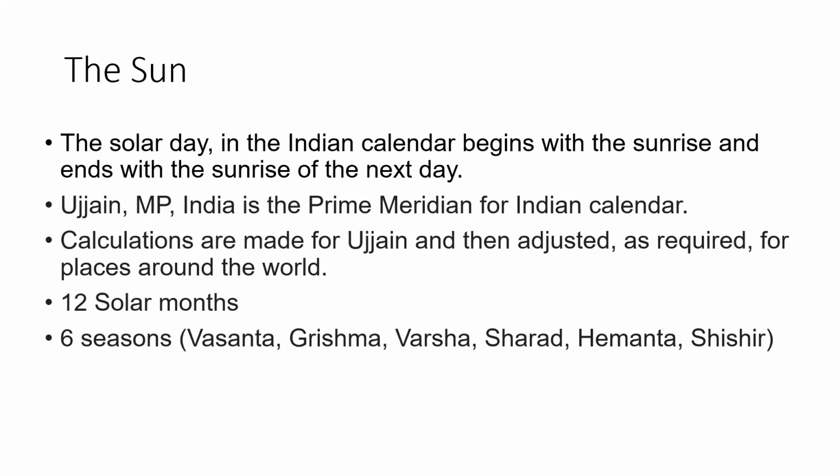The prime meridian is, of course, an imaginary line that starts at one pole, for example the North Pole, goes through a specific location, or rather a series of locations, and goes all the way to the South Pole. In our times, the prime meridian goes through the Royal Observatory in Greenwich, United Kingdom, just outside London.